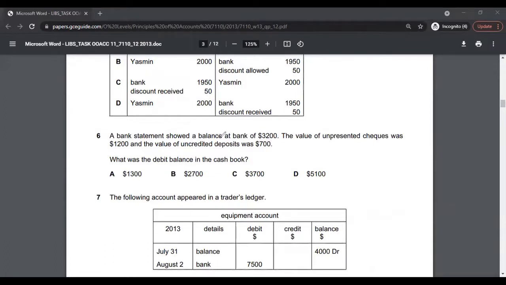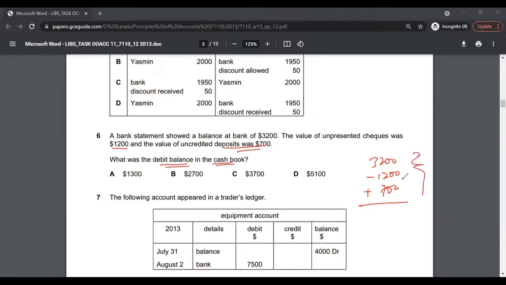A bank statement showed a balance at bank of 3,200. The value of unpresented checks was 1,200, so minus 1,200, and the value of uncredited deposits was 700, so plus 700. So what was the debit balance in the cash book?